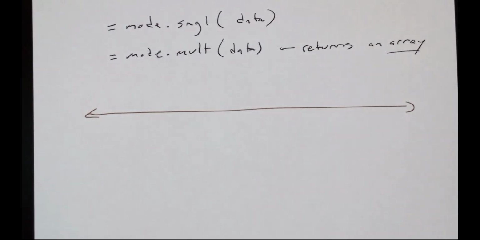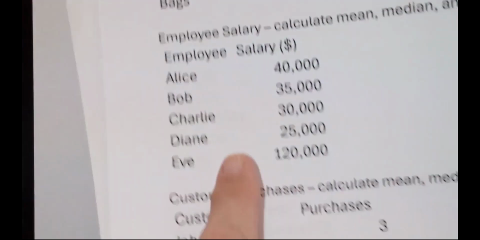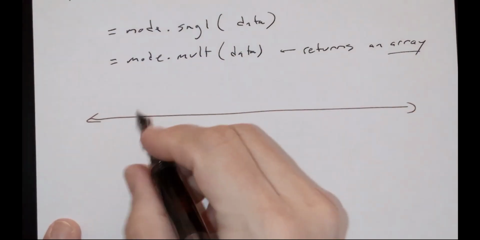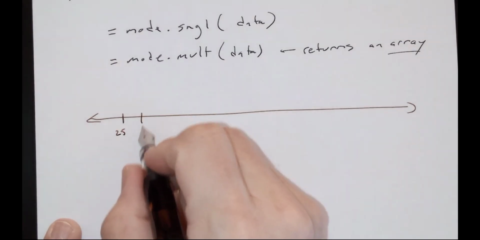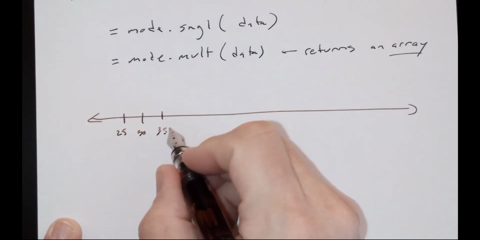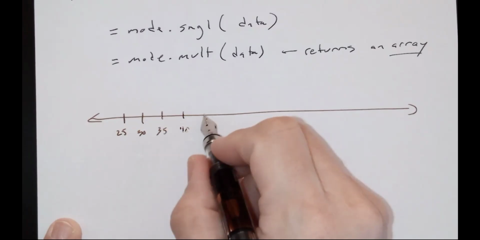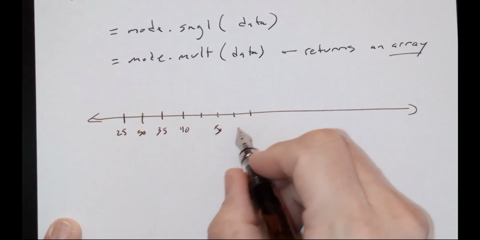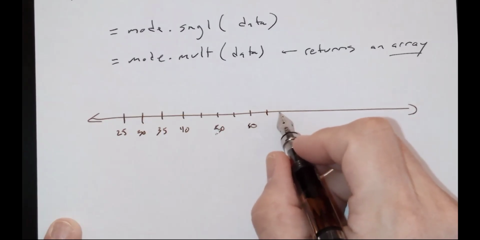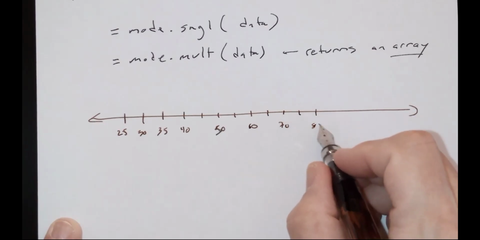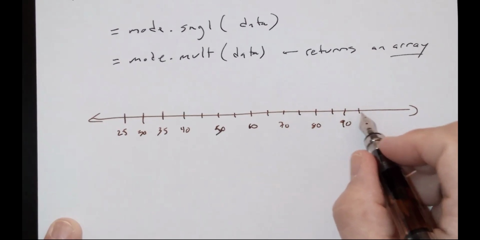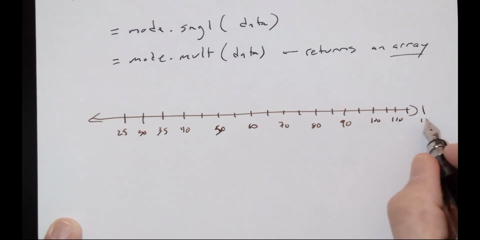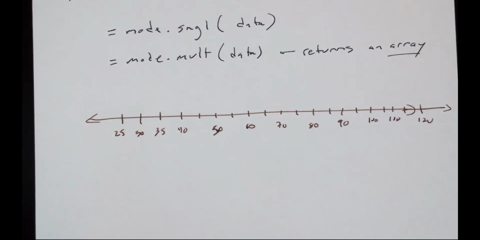So let's go back and use the salary data we were just looking at, and let's put it on a number line. I didn't draw it long enough.